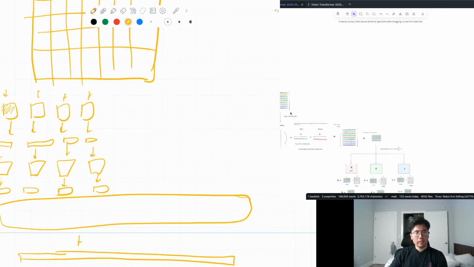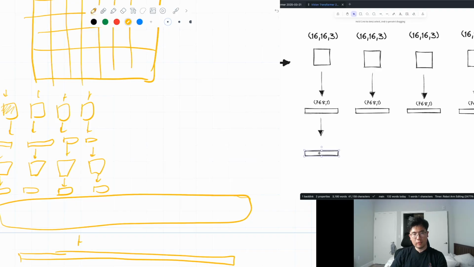Okay, and multi-head attention. So let's go back here, and then this is D by 1. I guess it's 1 by 768. I'm kind of stupid, huh? I guess you could just do it like this.